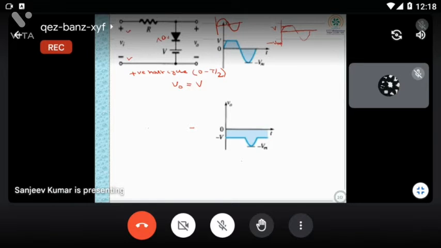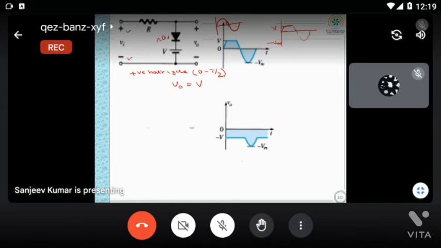Earlier you got positive V. Here I have to get minus V. So the diode will be the same, but you can change the polarity of the battery. In the positive half cycle, whatever output you get is based on the battery only.